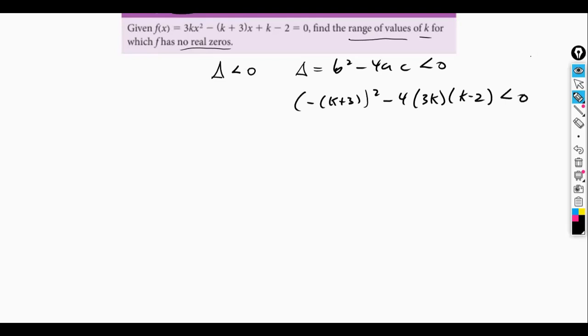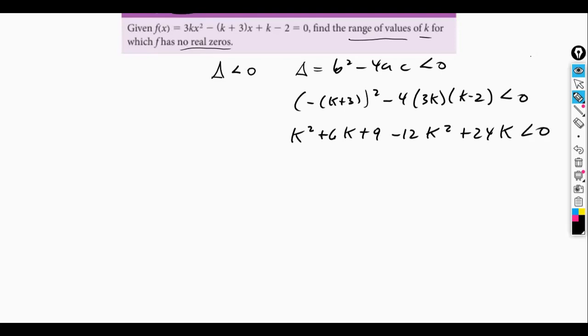So let's expand and rearrange this. So notice that we're going to get k squared plus 6k plus 9 minus 12k squared plus 24k. Should be less than 0.